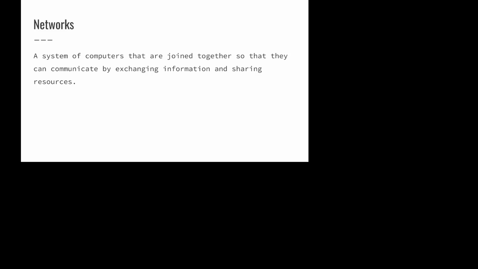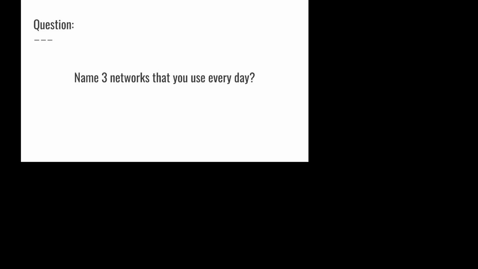Your smartwatch is a computer, anything is a computer, interconnected together. That's what a network is. So, question: knowing that a network is an interconnection of computers, name 3 networks that you use every day. So everyone uses one big network.